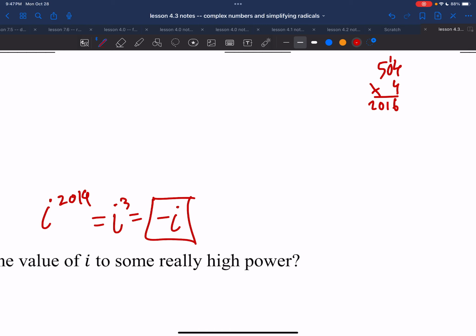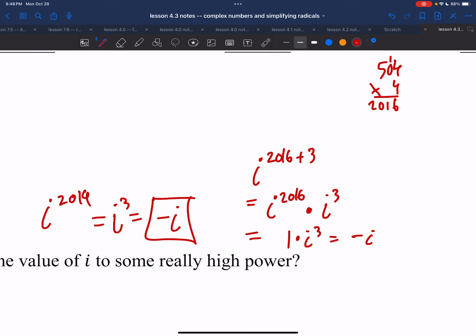So you can say, here's i to the 2016 plus 3. And a property of exponents is that if you have this addition, you can separate it like this: i to the 2016 times i to the 3. And because 2016 is divisible by 4, you know that i to the 2016 is 1. So it's 1 times i cubed, and we know that i cubed is negative i, right?